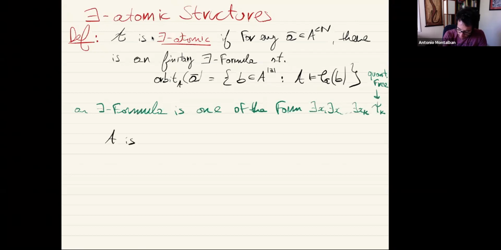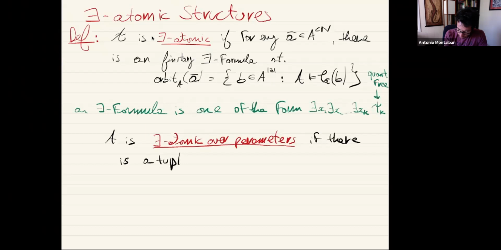A is E atomic over parameters if there is a tuple p bar in A such that the structure that you get by adding to A constants naming those elements is E atomic.